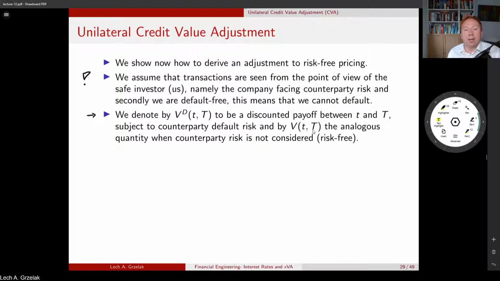This means we price it like we did in the whole course. And the objective now is to link this VTT with VDTT. So how do we link the derivative price that may default and the price that may not default? The connection between the two is the so-called CVA, in this unilateral case.